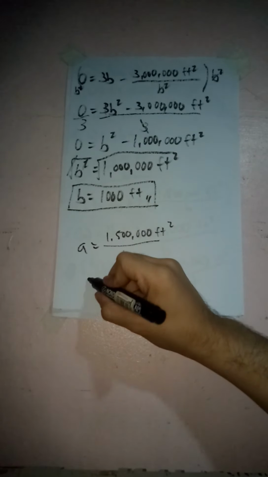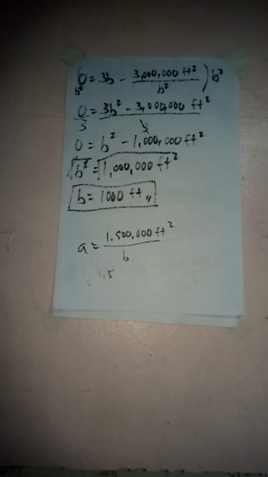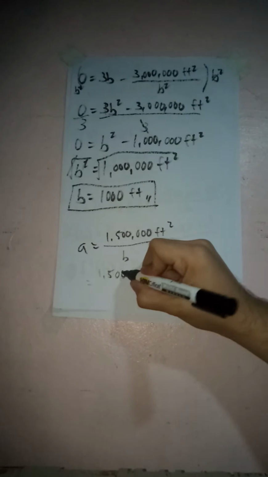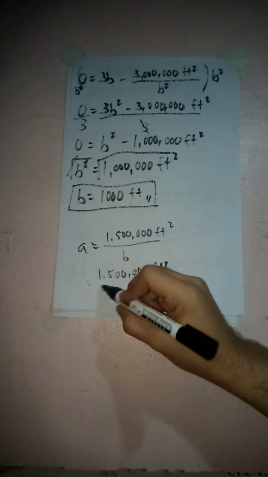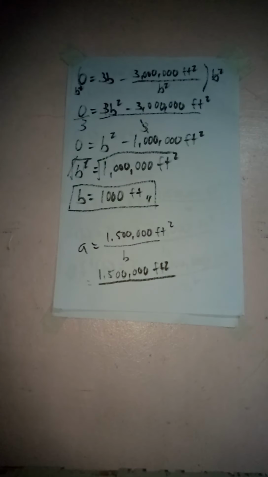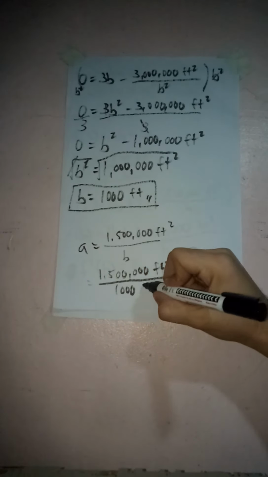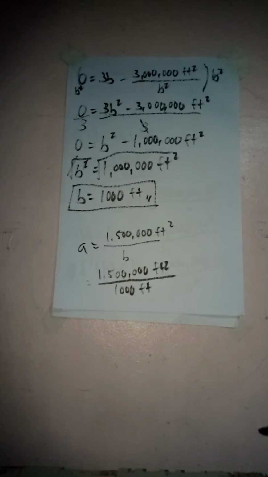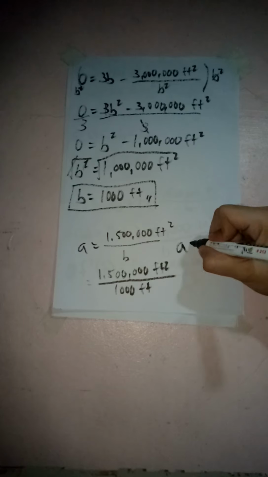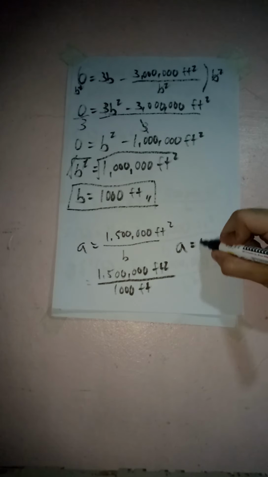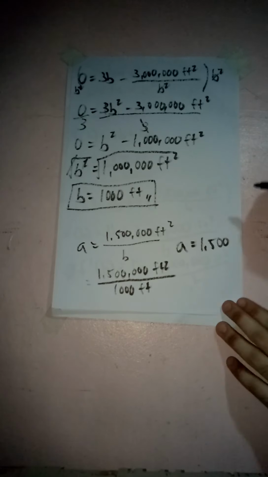So equals 1.5 million feet squared divided over 1,000 feet. Now we are going to get 1,500 feet.